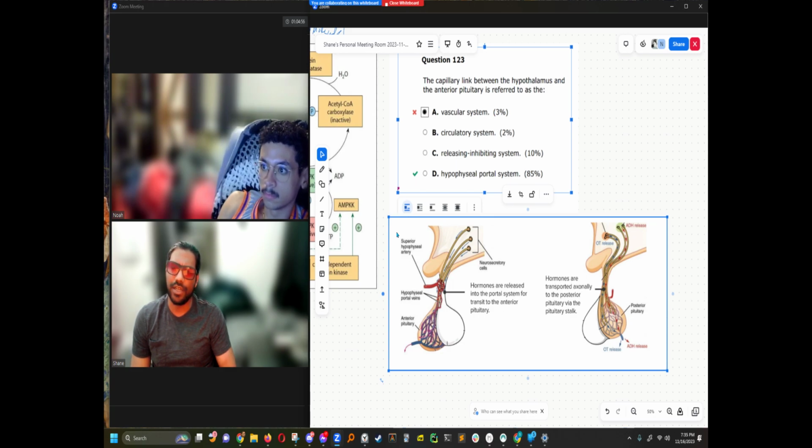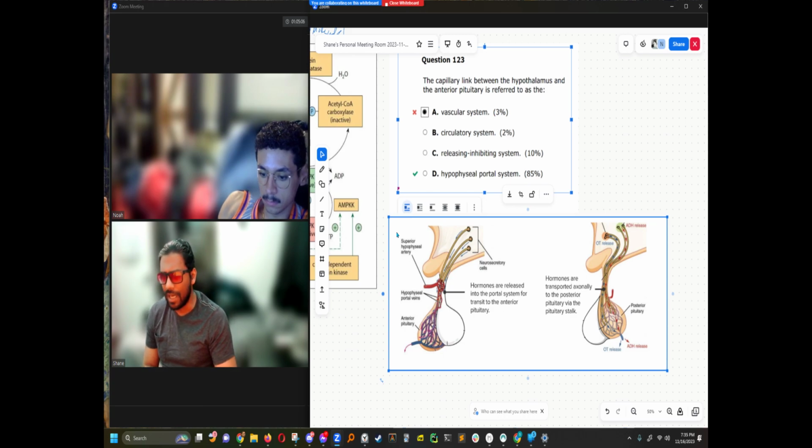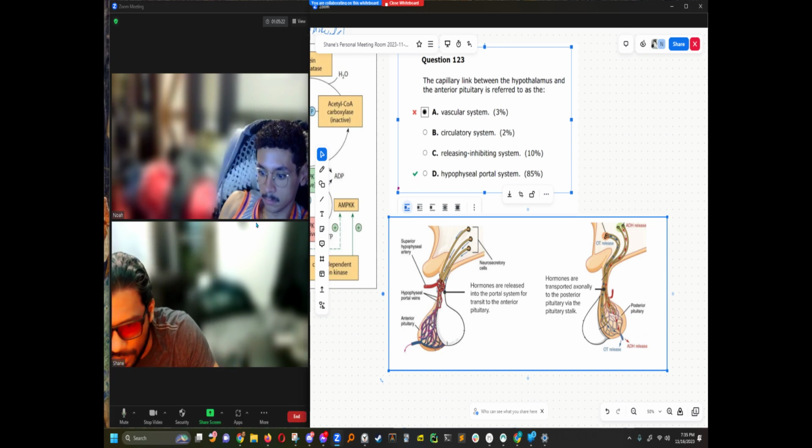And then C, releasing inhibiting system, I think that's just trying to tell you something about negative feedback loops, but that's not what it's called either. So it's going to be called the hypophyseal portal system. And that's what you have over here.